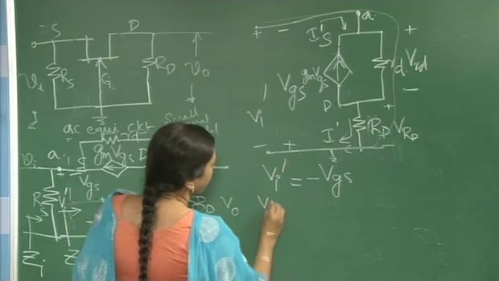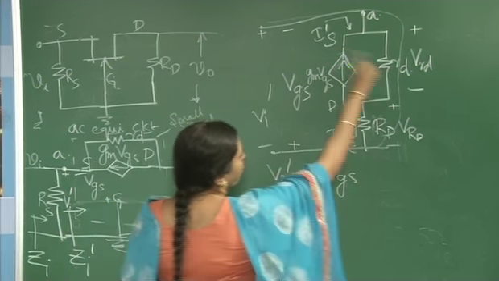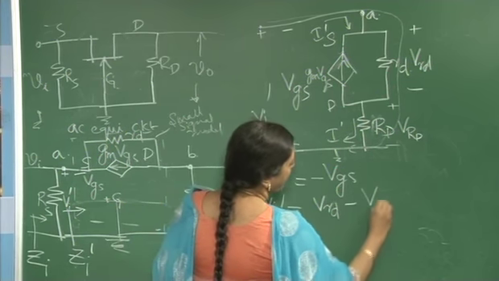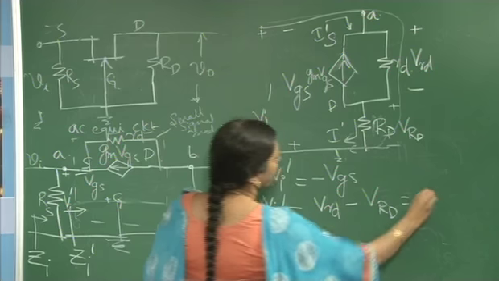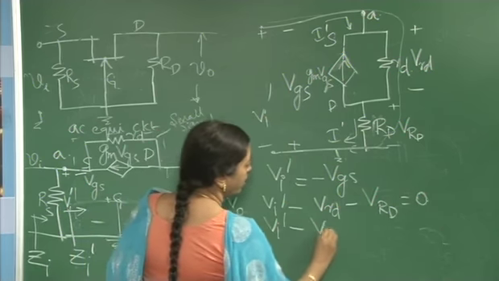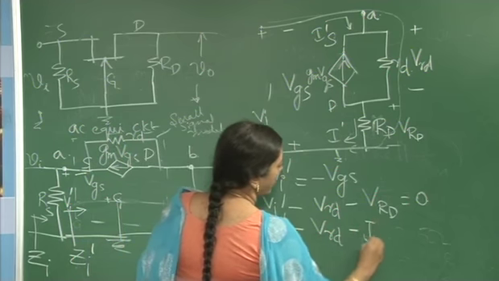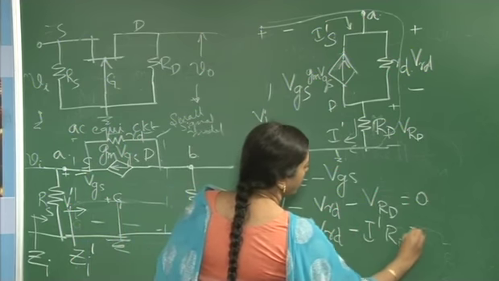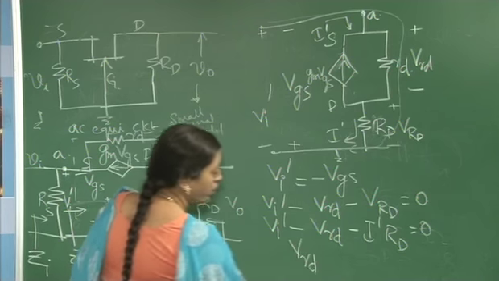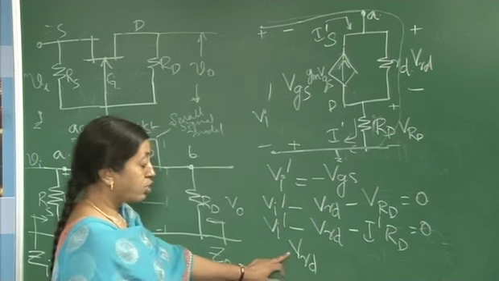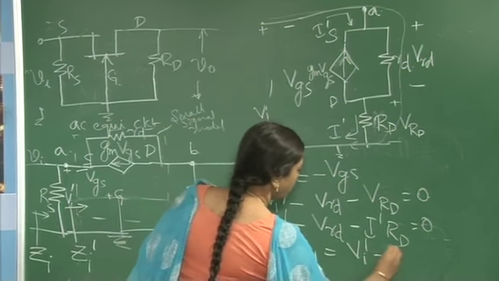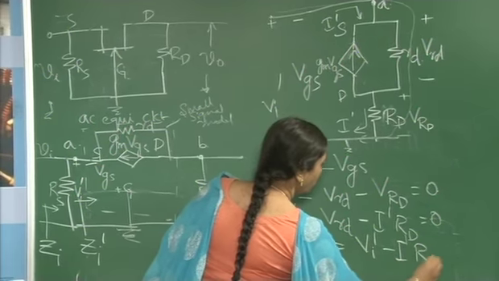So, it is Vi dash minus VRD minus V capital RD is equal to 0. So, Vi dash minus VRD minus I dash into RD is equal to 0. So, I want to express VRD. So, VRD is given to be Vi dash minus I dash into RD.